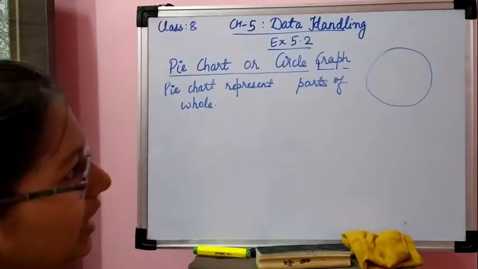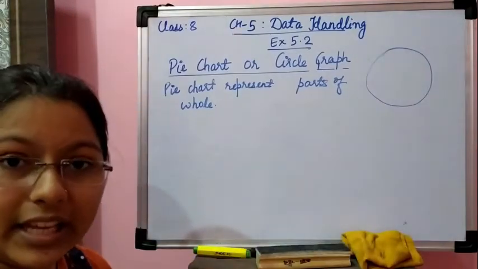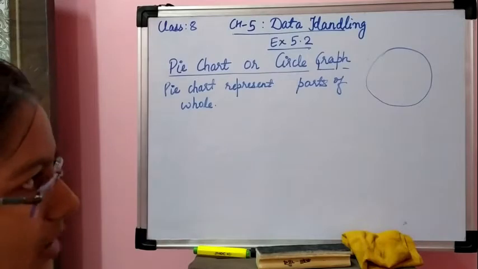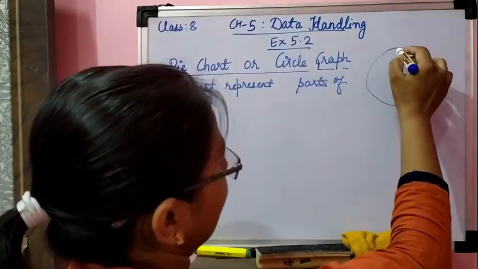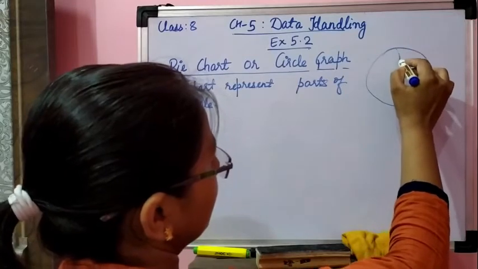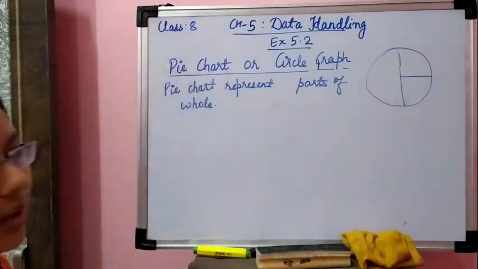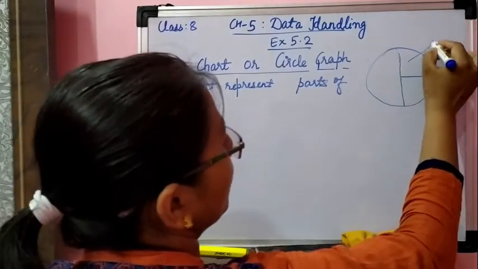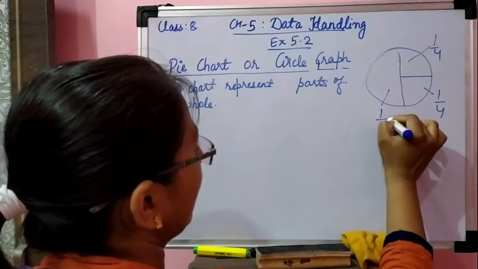Now let's see. We can divide this circle into an infinite number of equal parts. Suppose I divide it so that this is a half part and this is 1/4. So this is 1/4, this is also 1/4, and this is half.